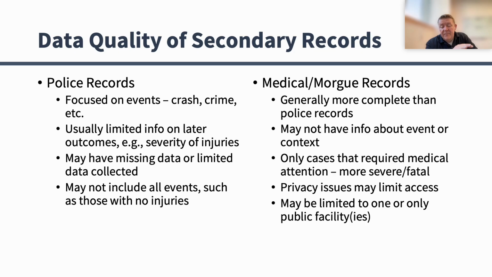We might know if the fatality happened at the scene or shortly after the crash, but if it happened later, police records usually don't link to that, unless there's some sort of separate database that's done that for them. And there's often missing or limited data collected.